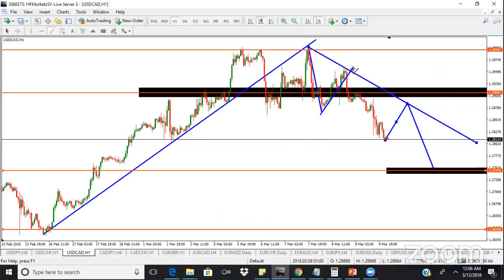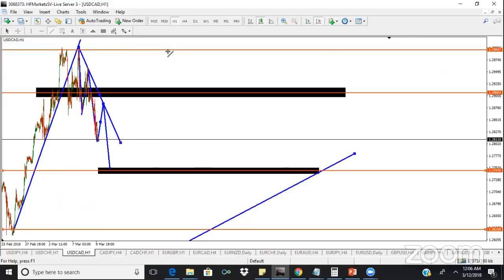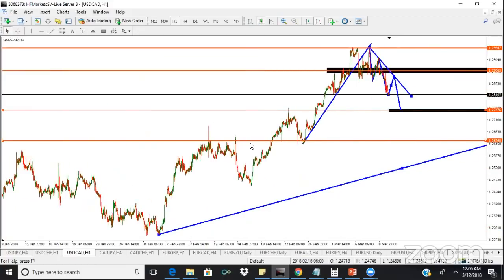The same thing has happened here. It came down, it dropped like water. So we're expecting it to go back up before it finds the third one. If not, what you just do is wait for this zone. Until it gets to this zone, that is when you will know maybe you can put in your money. If it does not get there, you have to wait. So that is why patience is key.